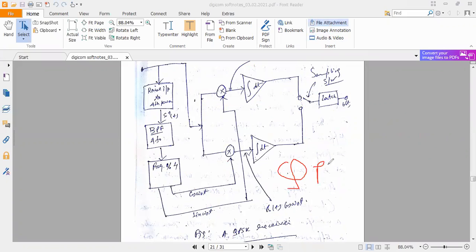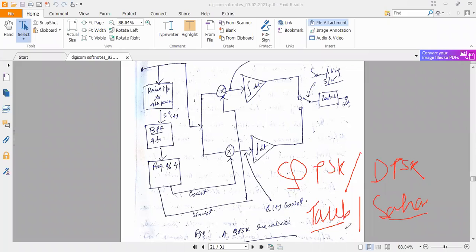For QPSK and DPSK, you can refer to Taub and Schilling.